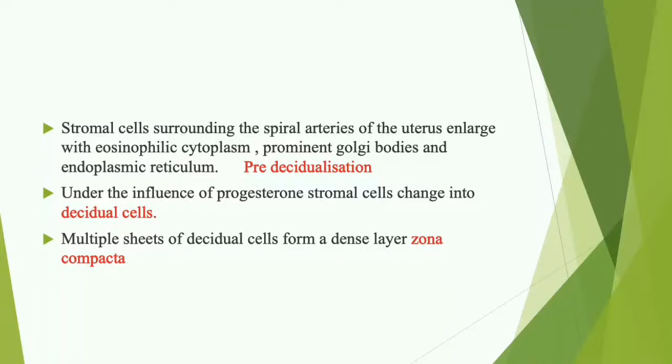So these changes which happen in the endometrium, increase in glandular tissue, increase in secretory rich fluid, plus increase in vasculature, we use the term what is known as pre-decidualization, right? So under the influence of progesterone, stromal cells change into what is known as decidual cells.